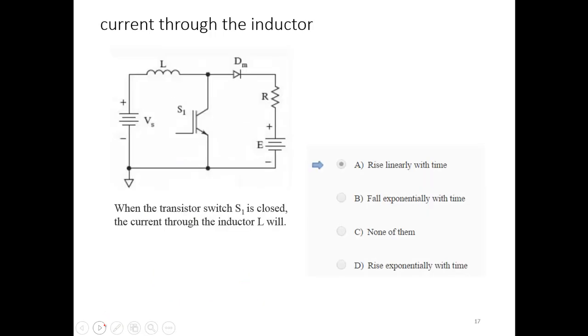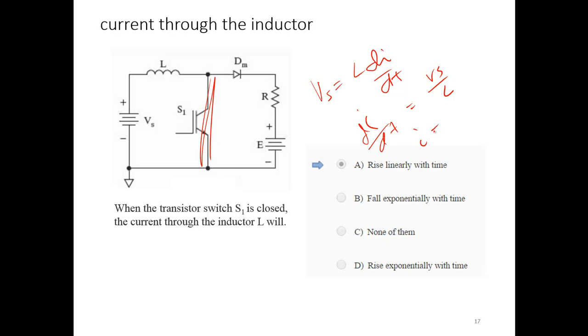What will be the current through the inductor? It will be rising almost linearly, because this is like a short there. You got a short there. Vs equals L di/dt. That means di/dt is equal to Vs over L, and I is equal to Vs t over L. That will be linear.